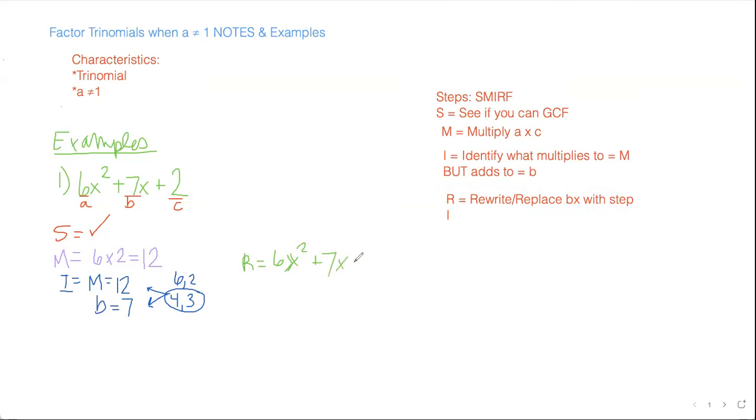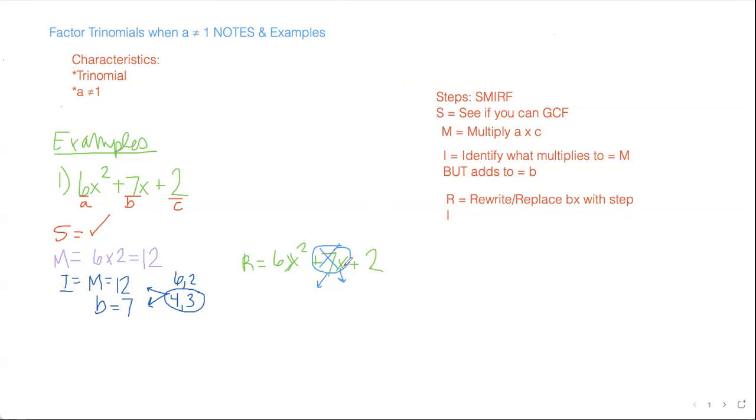I'm going to take the 7x out, so it's going to go away, and replace it with the 4 and the 3. It's like I'm breaking the 7x up into 4x and 3x.